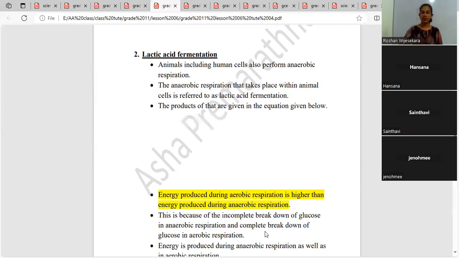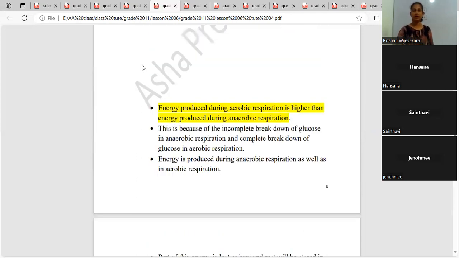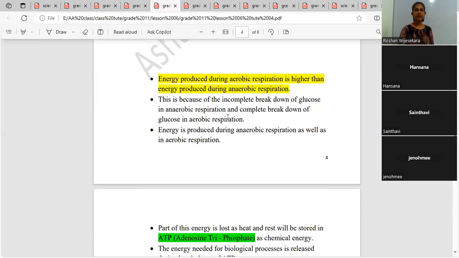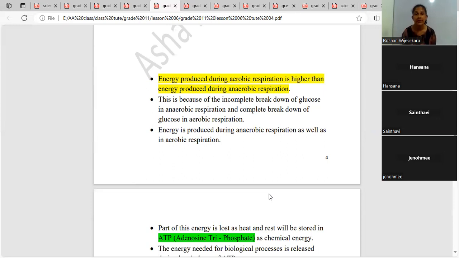This was also asked in an exam question. Energy produced during aerobic respiration is higher than energy produced in anaerobic respiration. Remember well. The highest amount of energy is produced during aerobic respiration, not anaerobic respiration. Yes.